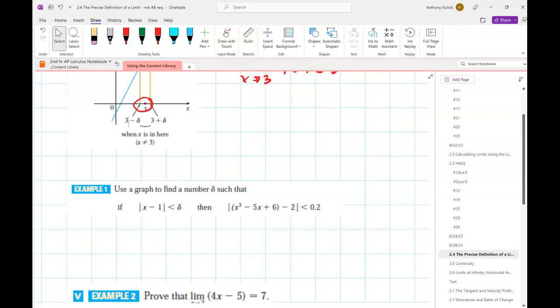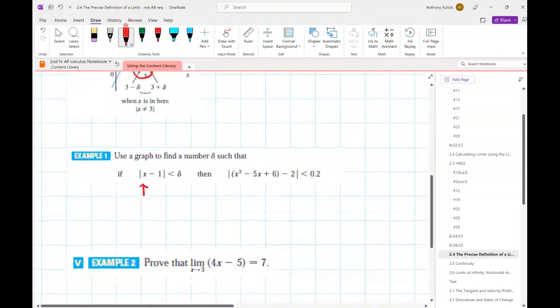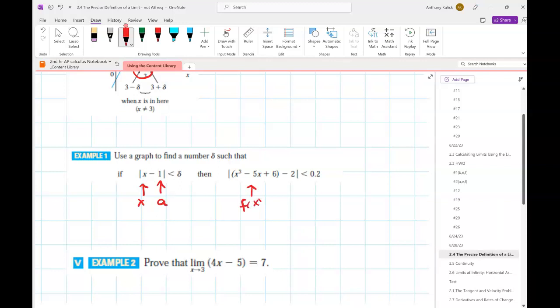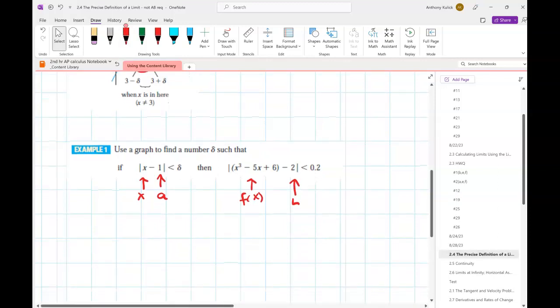Okay, so if I go back to my definition, this is my x, this is my a, this is my f of x, and this is my L. So far, so good?